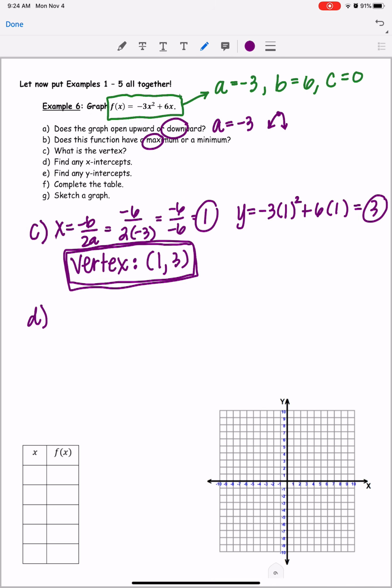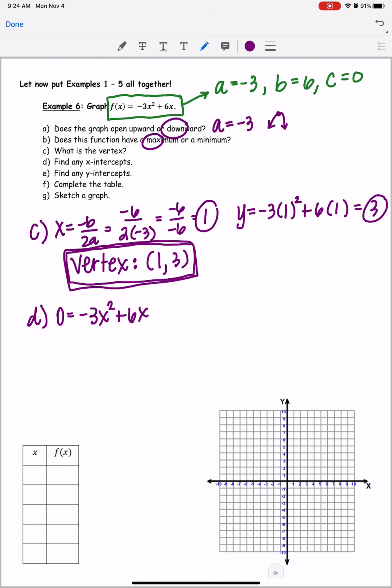Quadratic formula works with all of them, but I do know we can use factoring, so I'm going to factor. When I factor or use quadratic, we're plugging in 0 for our y, or f of x. So I've got 0 equals -3x squared plus 6x. Okay, I'm just replacing this with 0.